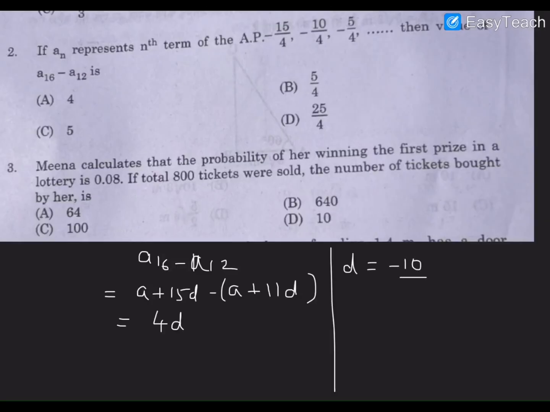Minus 10/4 minus of minus 15/4, which is 5/4. So 4 into 5/4 will give you 5. So C is the correct choice for the second answer.